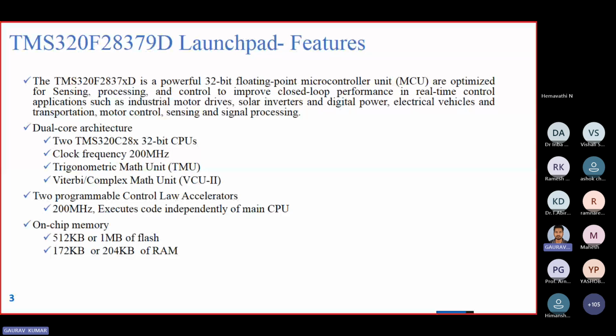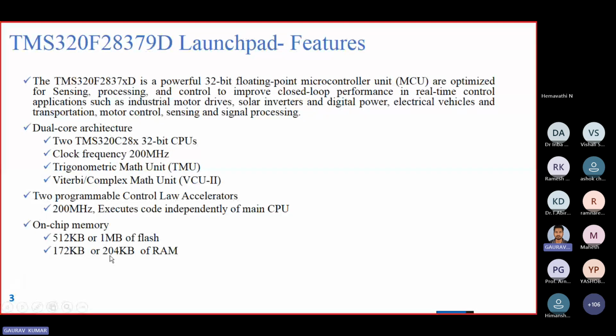They are designed so that they can independently execute instructions and solve complex mathematics, and give some time to the main CPU so that it can work on some other task.